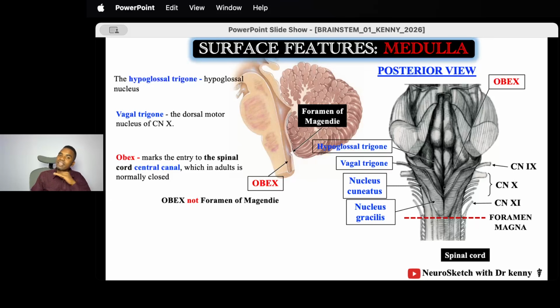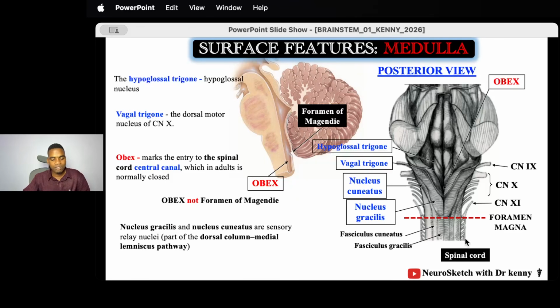And then of course we have the nucleus cuneatus and the nucleus gracilis. These are the sensory relay nuclei. They relay information, especially in the dorsal column medial lemniscus pathway, the DCML. The information is relayed within these two nuclei, which are connected by the fasciculus cuneatus and the fasciculus gracilis respectively.